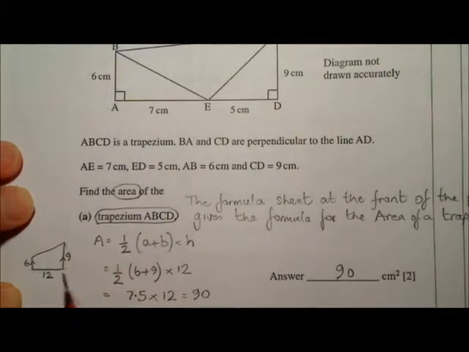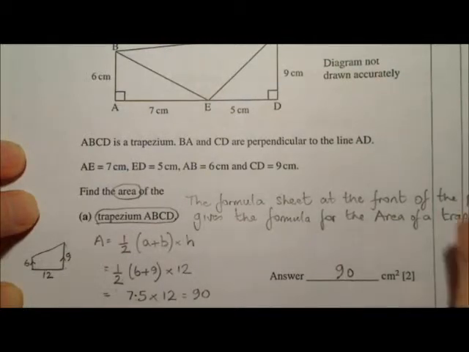So remember, our formula says add the 2 parallel sides together, A plus B. So that's going to be 6 plus 9, and we're going to take half of that, and then we're going to multiply by this perpendicular distance between the 2 parallel sides, which is 12. So that's 6 plus 9 is 15. Take half of that is 7.5, multiplied by 12 gives us our answer, 90 centimeters squared.